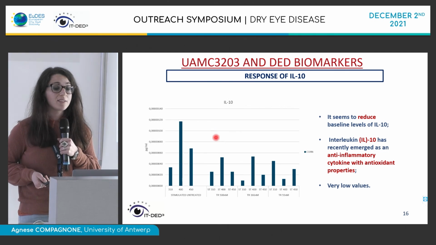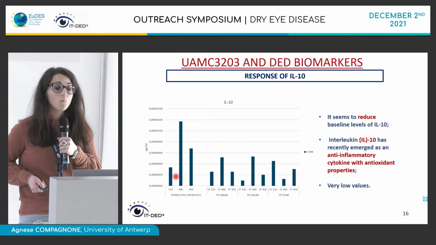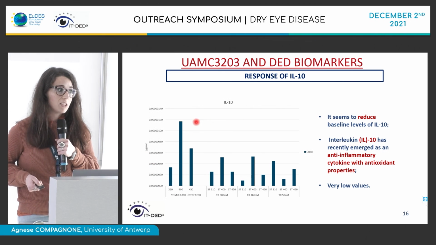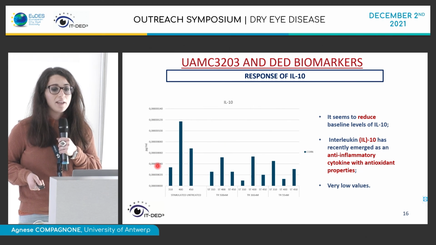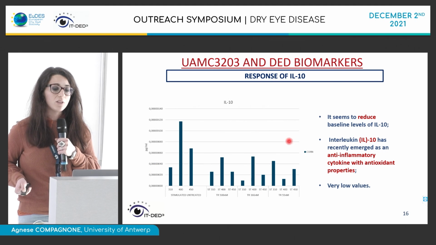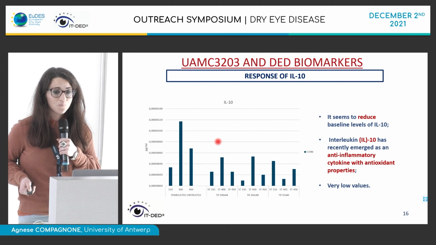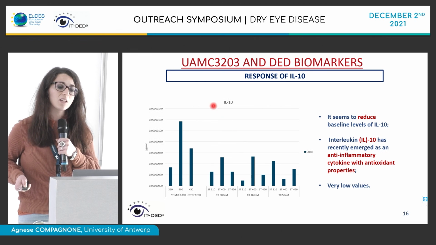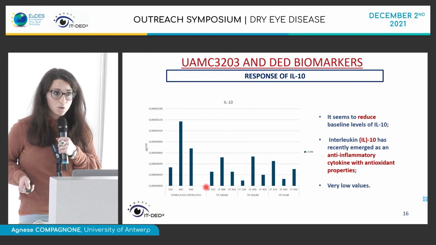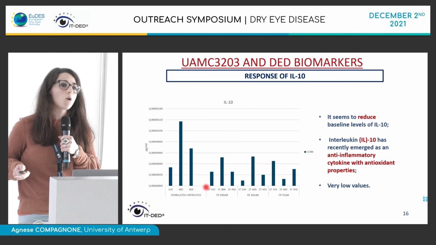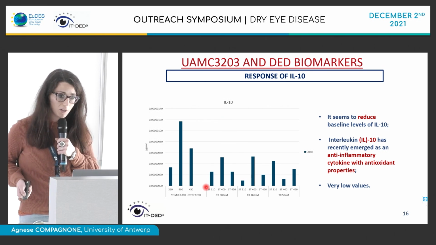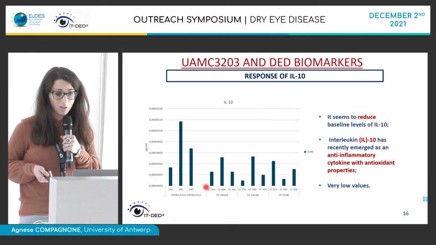So it increases when there is oxidative stress in the environment, while with the treatment we see in general a reduced concentration, meaning that the oxidative environment is diminished, because the compound is reducing the oxidative stress in the environment of the cells.